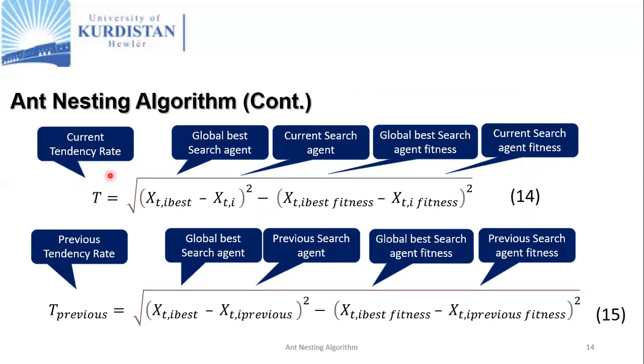Equation 14 finds the current tendency rate, which is x best minus x current over the square root of the best solution minus current solution squared plus best fitness minus current fitness squared. Likewise, the same thing for the previous tendency rate: the best solution minus previous solution and the best fitness minus previous fitness, squared, and find T. By these two equations, we find T and T previous.